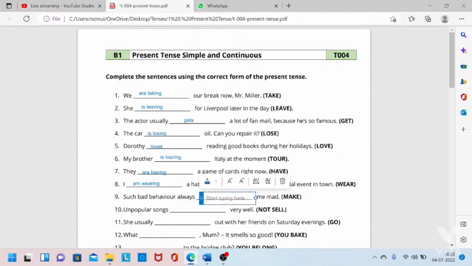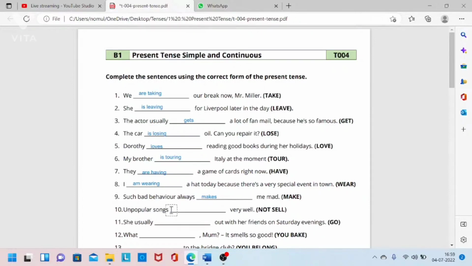And such a bad behavior always dash me mad. Such a bad behavior always makes, okay, makes me mad. Unpopular songs dash very well.